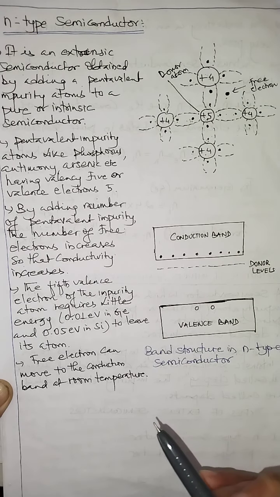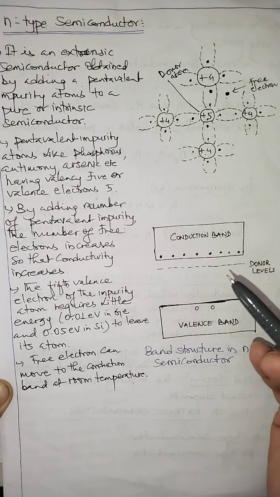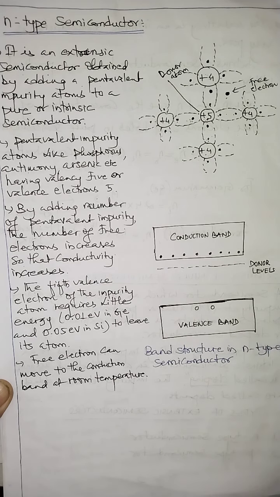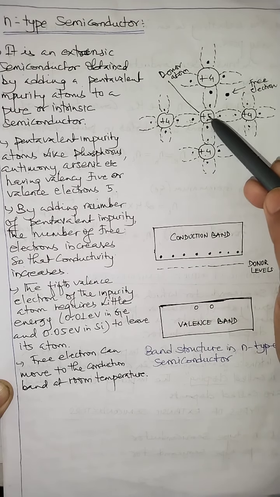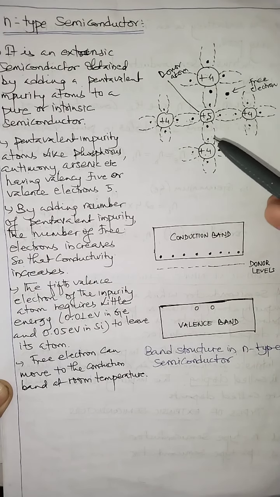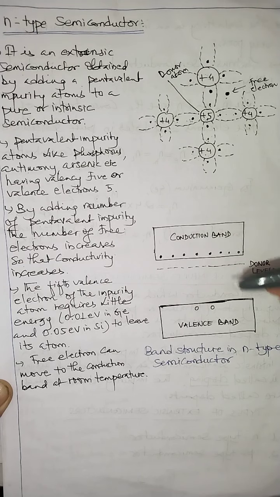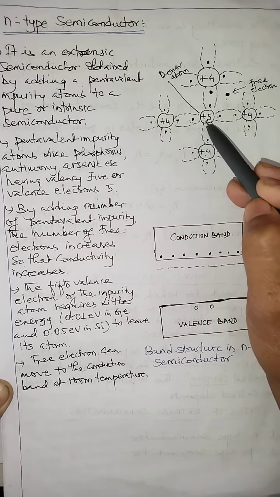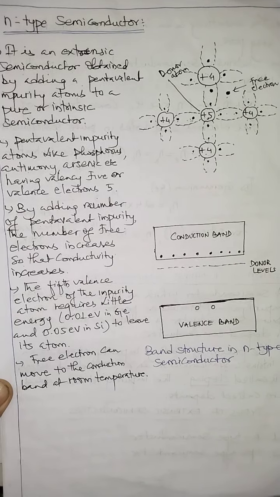Why are they called donor atoms? Because they donate the conducting electron to the crystal. Because every impurity atom has one excess free electron, and that will be donated to conduct the electricity. That's why this atom is also called donor atom.